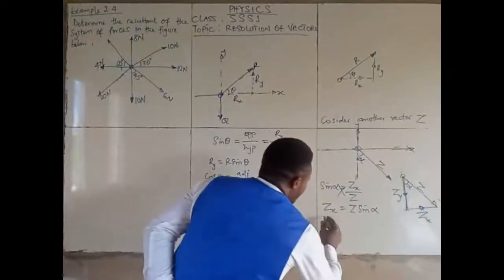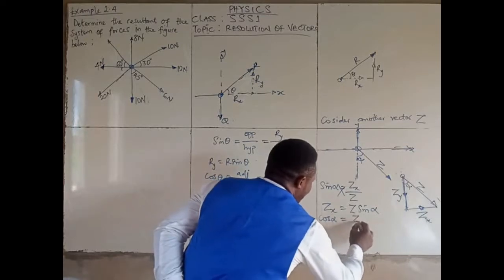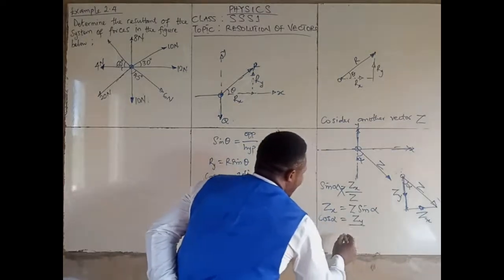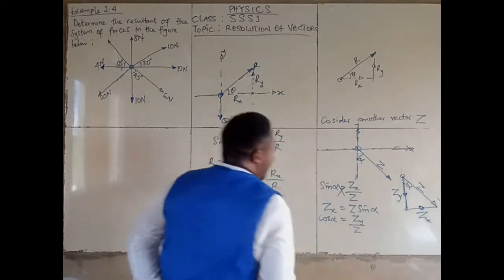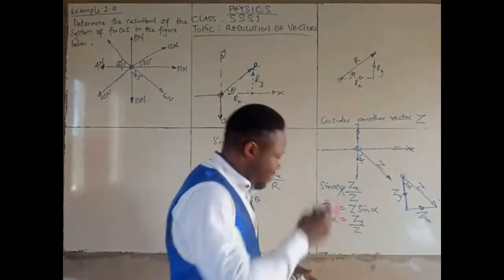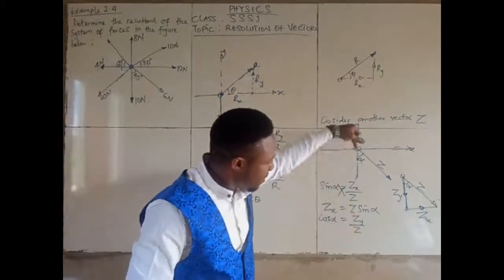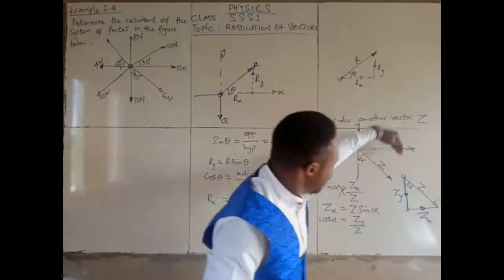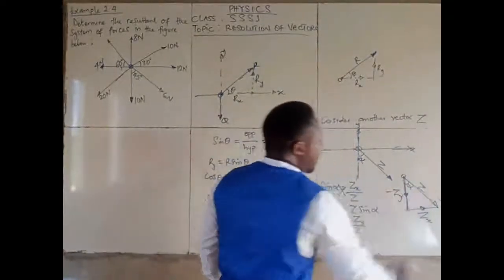Secondly, if you want to do the other one, cos alpha is equal to Zy all over Z. Now, this time you should know that your Zy is going along the negative y axis, and that is why this one will become negative.